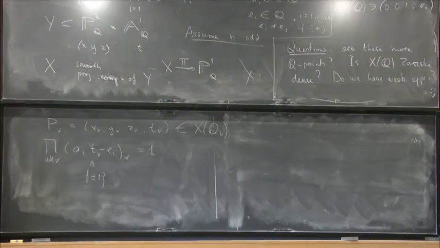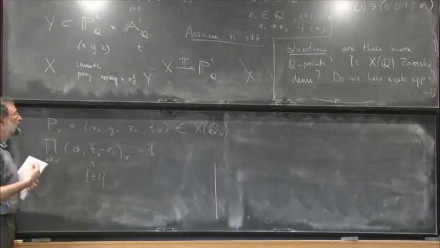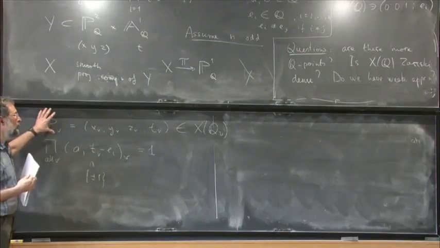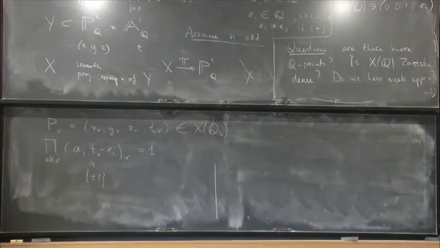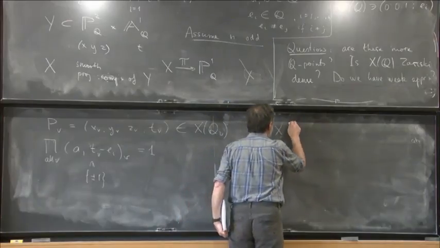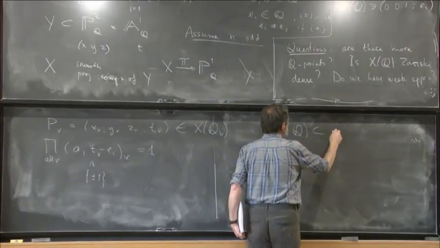So there are some necessary conditions that must be satisfied in order for these p-adic points given by the P_v for all v to be in the closure of the set of rational points inside the adelic space. So I'm talking about this inclusion.